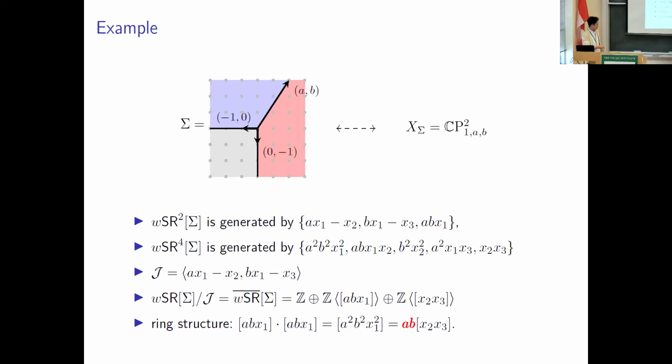If I want the square of the degree 2 generator, I just take the product of these two as a polynomial element, which is going to be a squared, b squared, x1 squared, and then applying this ideal J, this is the same element as ab times x2 x3. Remember that the Kawasaki formula gives us the ab divisibility. So this is another way of looking at Kawasaki's divisibility in terms of the weighted Stanley-Reisner ring computation.